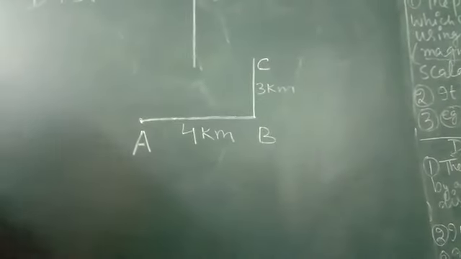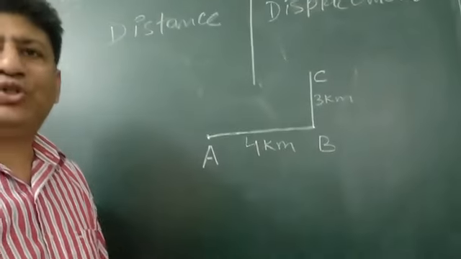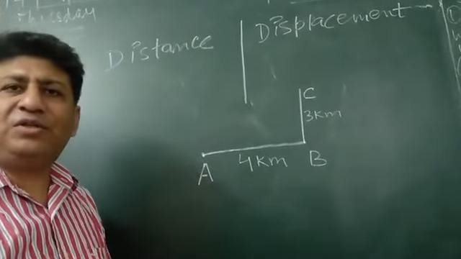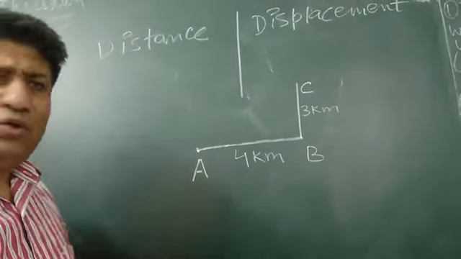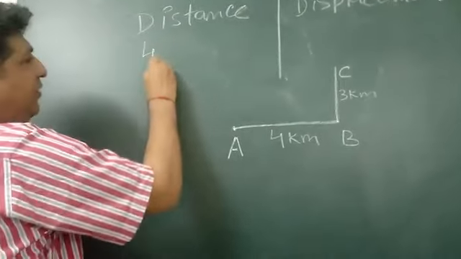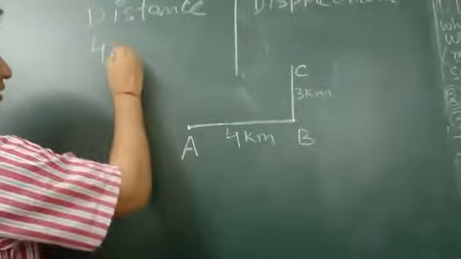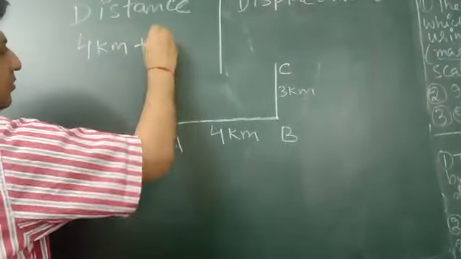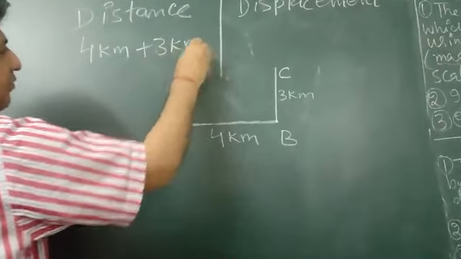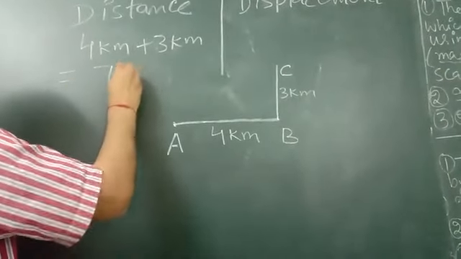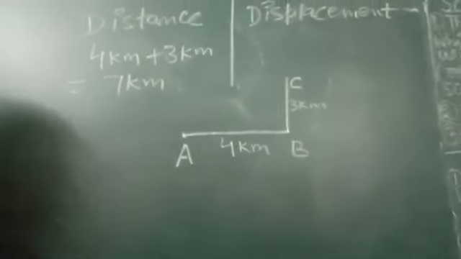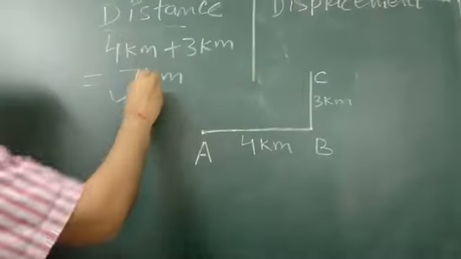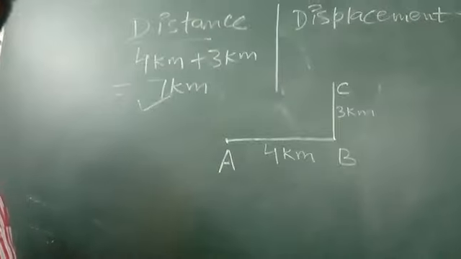Now if I ask you how much path have I covered, how much distance I have covered, you would say, sir, you have covered first 4 kilometers and then 3 kilometers. We add them and in total you have covered 7 kilometers, which is right. Distance covered is 7 kilometers.